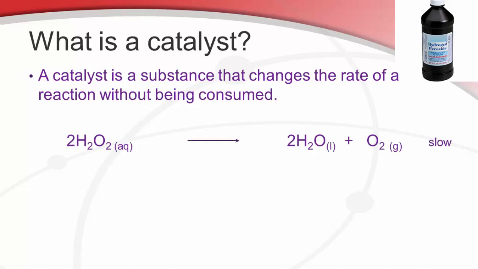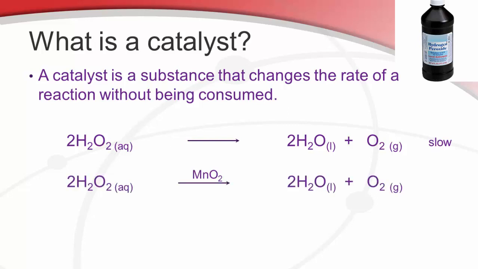So if we take the simple example of the decomposition of peroxide in aqueous solution to form liquid water and oxygen, this is generally a pretty slow process. We can have a bottle of hydrogen peroxide under the counter in the kitchen, and it'll last a fair amount of time before it decomposes into these simple products.